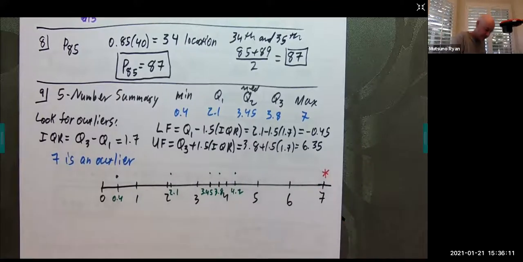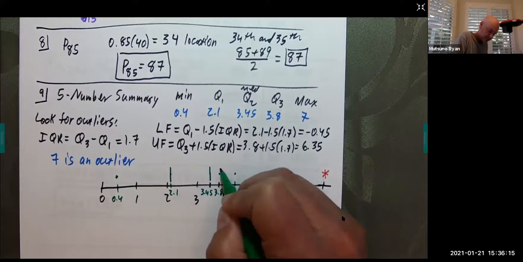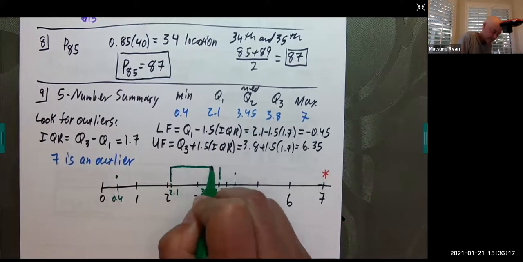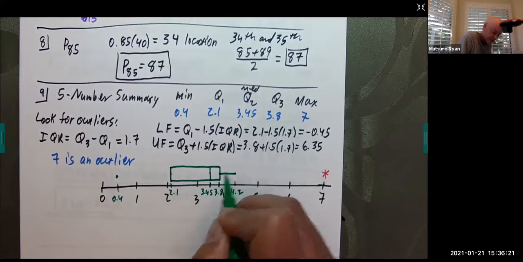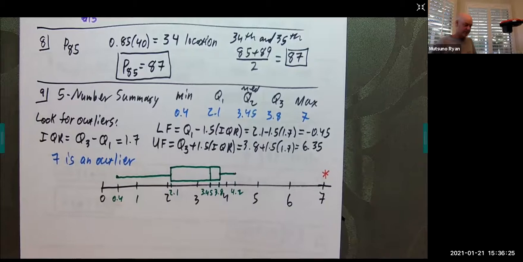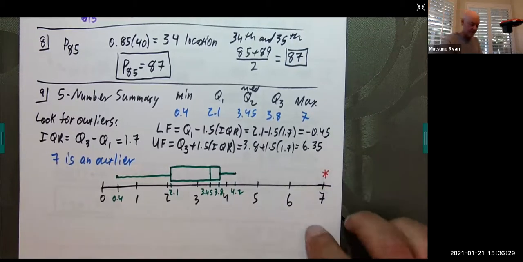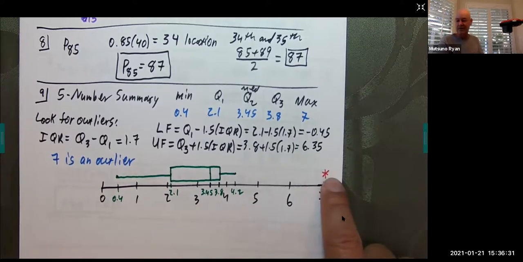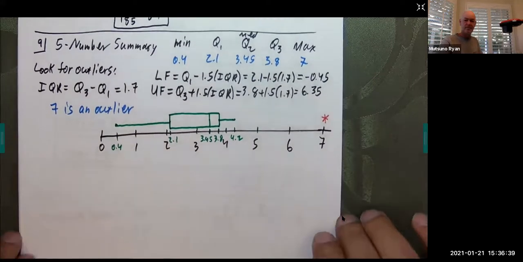And the way this is going to look, here's my box. And here's my whiskers. So there's our box plot, excluding the outlier. Now, this will probably go all the way up to 7. And I don't think they've calculated the outliers, but I want you to find the outliers. All right, 10.